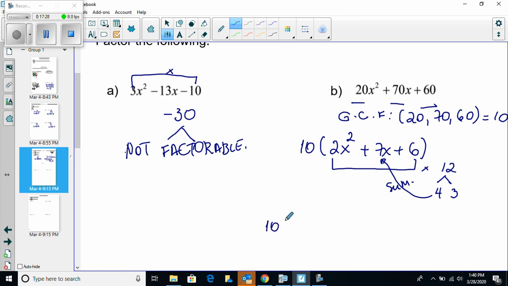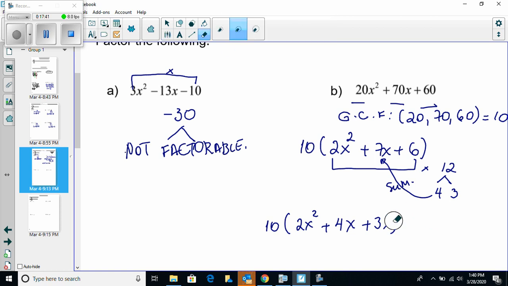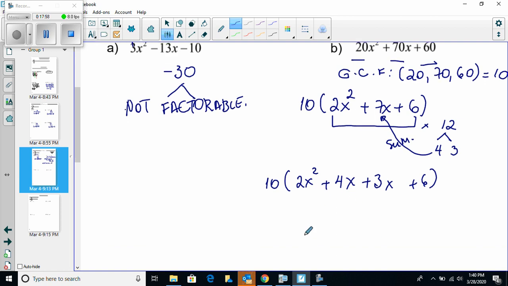So then we will say 10, 2x squared plus 4x plus 3x plus 6. And we will factor by grouping. What do I mean by this?